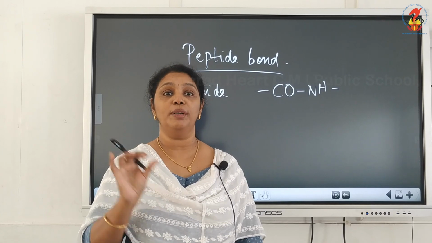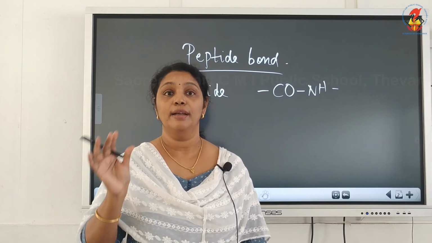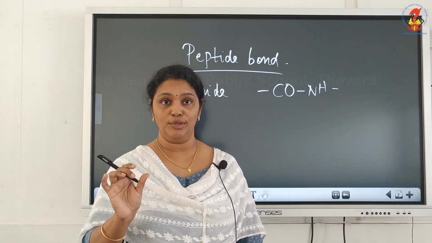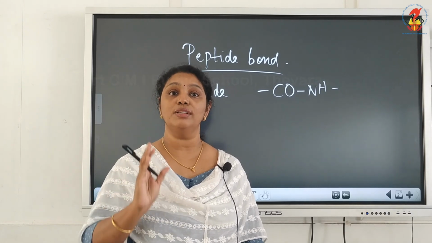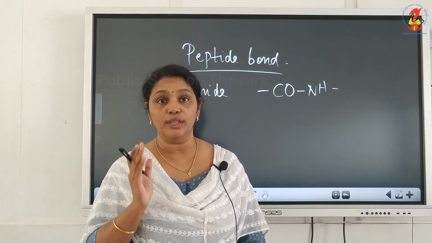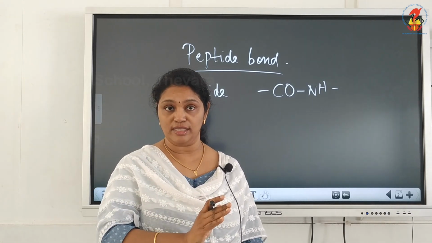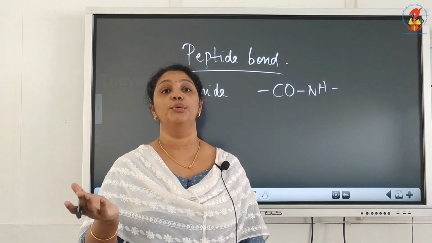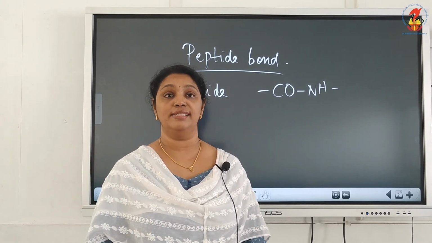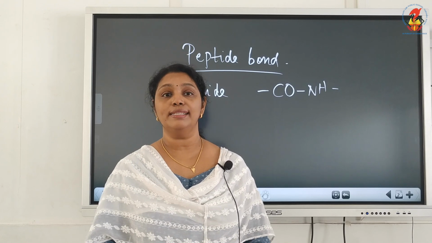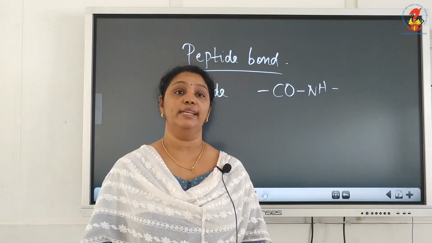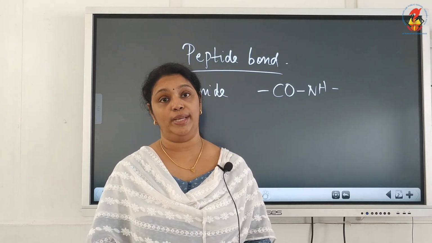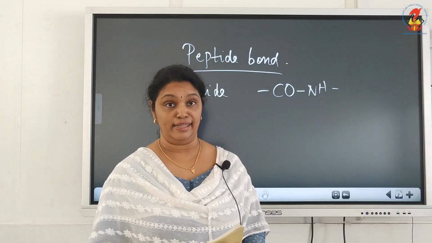How is that formed between two amino acids? By the loss of a water molecule, and the water molecule is lost from the carboxyl group of one amino acid molecule and the amino group of another amino acid molecule. So, let us see how a peptide bond, that is CONH bond, is formed between glycine and alanine.